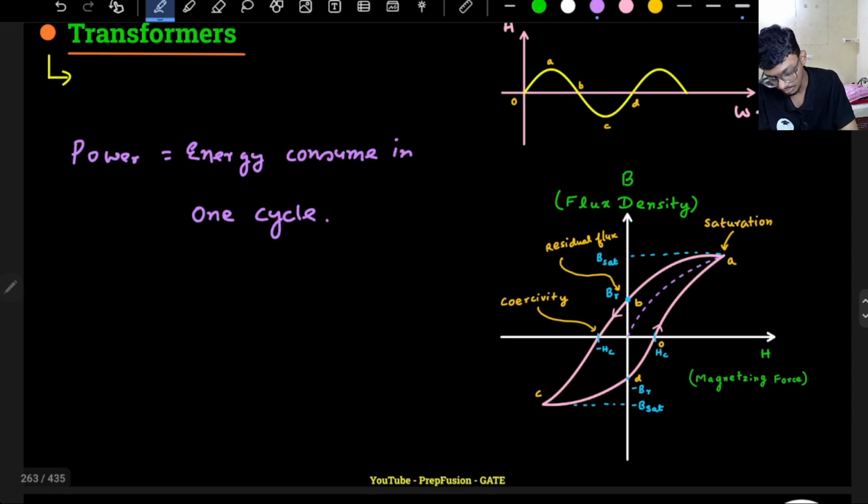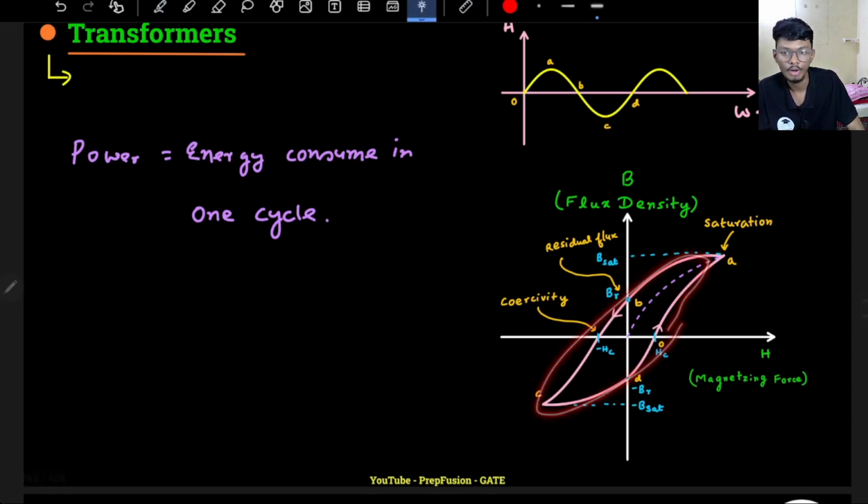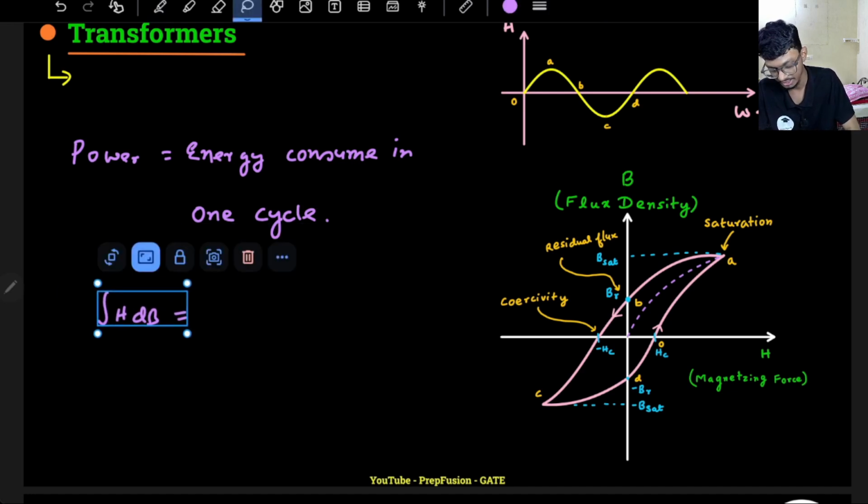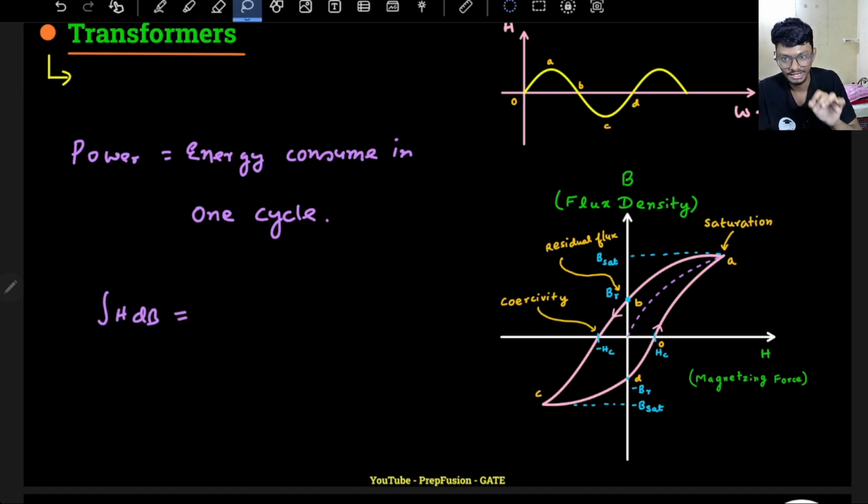So I will calculate how much energy is being consumed in this whole cycle. Let's start from O to A. My overall energy consumed is H dB in one cycle. I'm just talking about density for now. Volume is like a constant thing and will anyway get multiplied at the end.